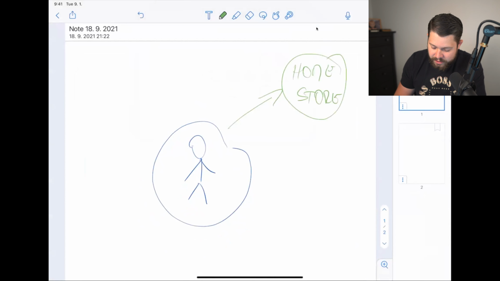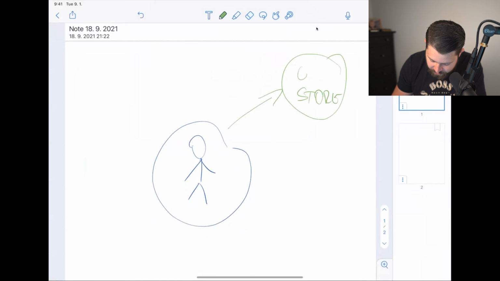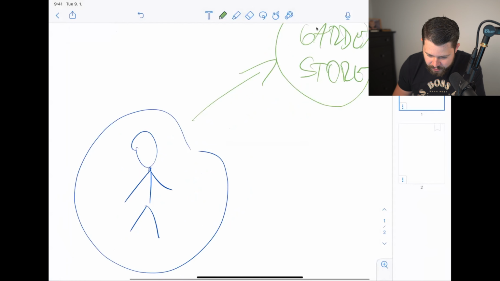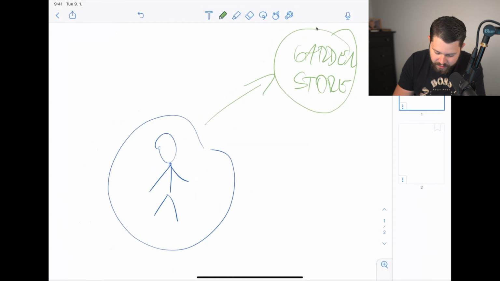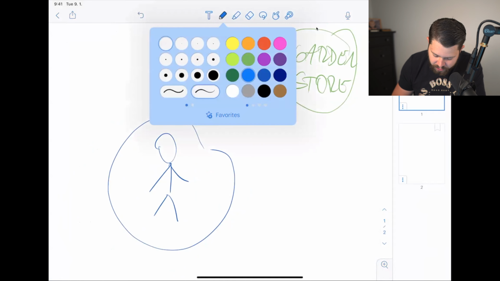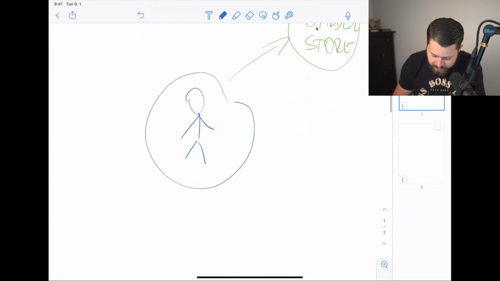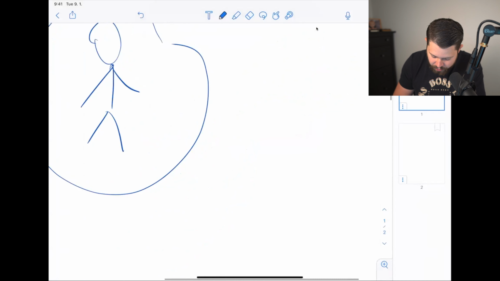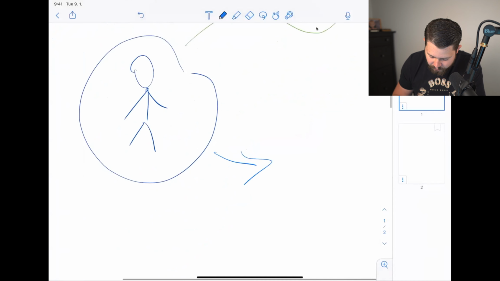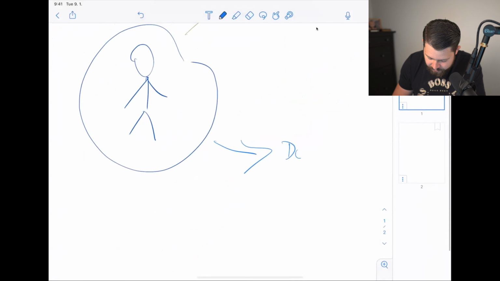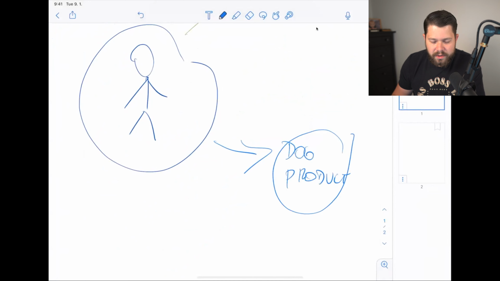So let's say this is a gardening product, I will just make it easier. So it's garden. This person purchased something from a gardening store. But this person also, a week before that, purchased something for his dog from some pet store, right?